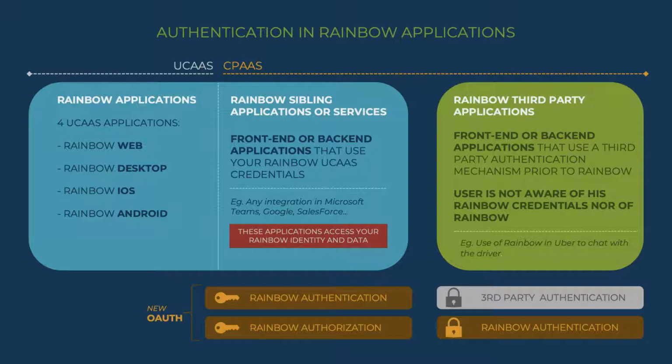At the opposite, on the left, in the blue area, you have the application where the user uses their Rainbow account to sign in. So in that case, the user knows that he will connect to Rainbow. This is the case when you are using our Rainbow application, but also Rainbow sibling applications or services, such as a Google extension for Rainbow.